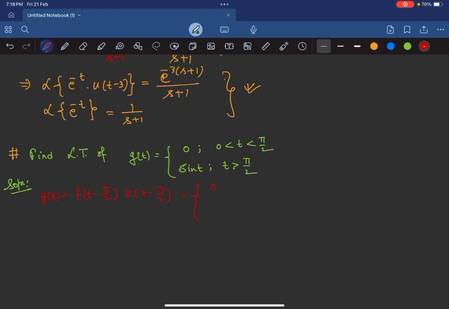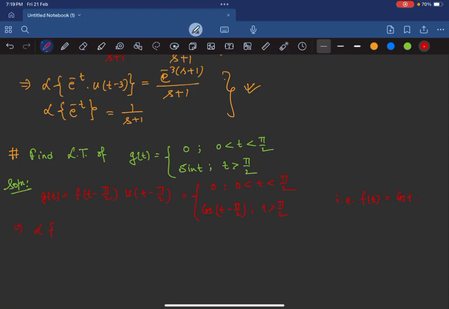If you expand this, it is 0 when 0 < t < pi by 2, and here the f function is cos t. If I take t minus pi by 2, that is t greater than pi by 2, then cos t is our f(t) function. Basic idea: f(t) we have taken as the cos t function.